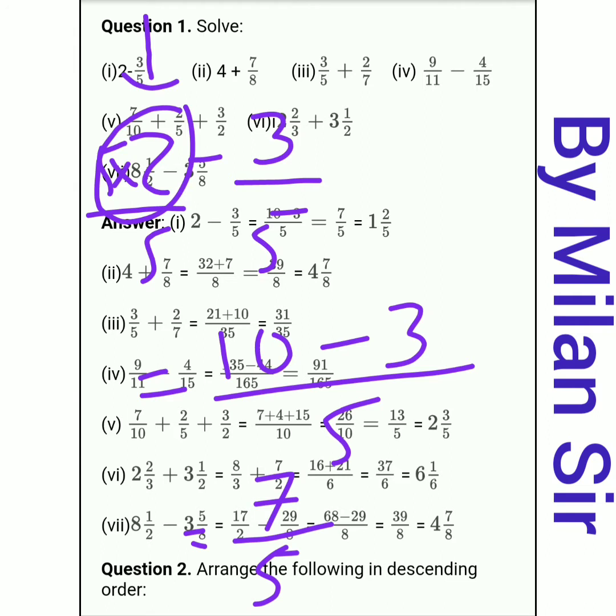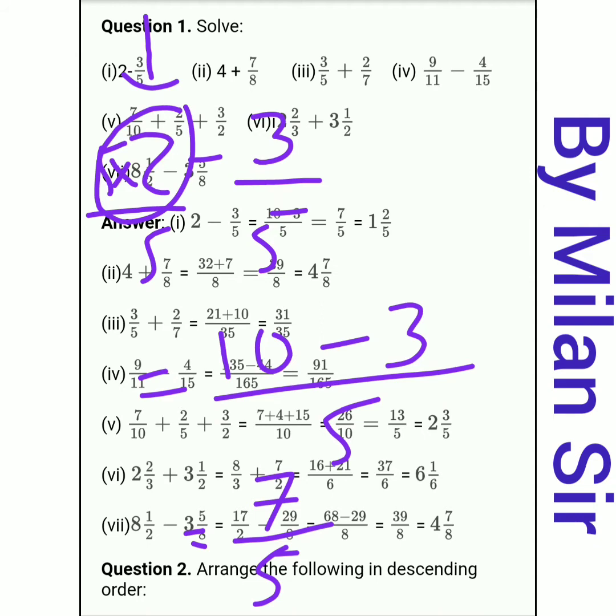Now this is an improper fraction, so we can convert it into a mixed fraction, because here the numerator is more than the denominator. I already explained this in the theory part.